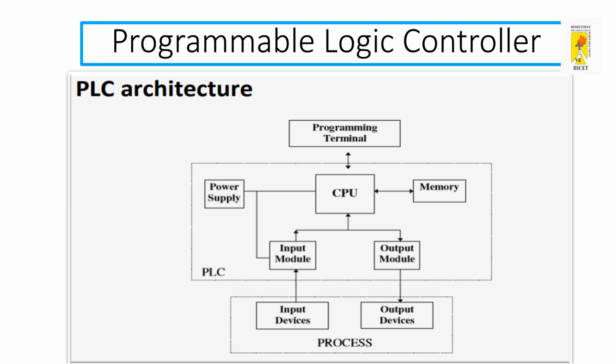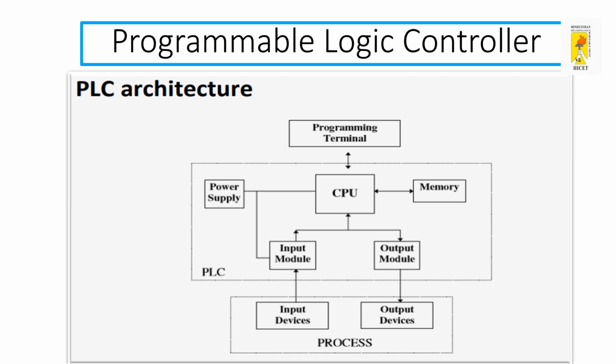For example, the PLC has a power supply, and that power supply is given to the CPU, that is the central processing unit, where you could find the input module and the output module, which are interconnected with the CPU.